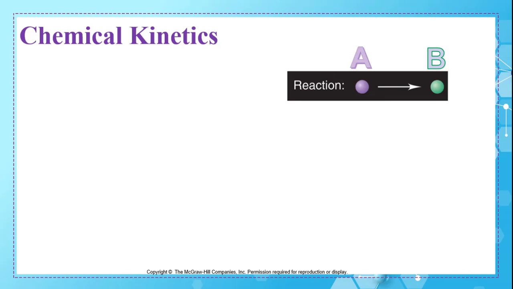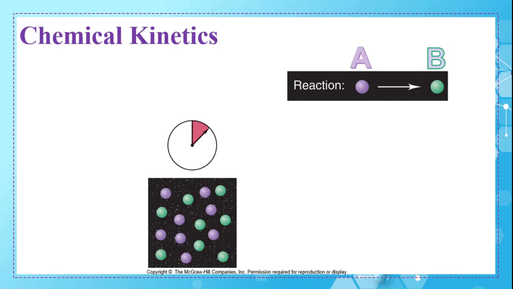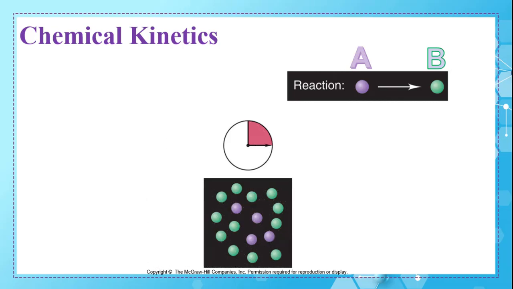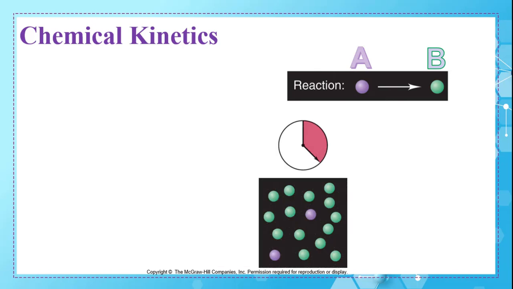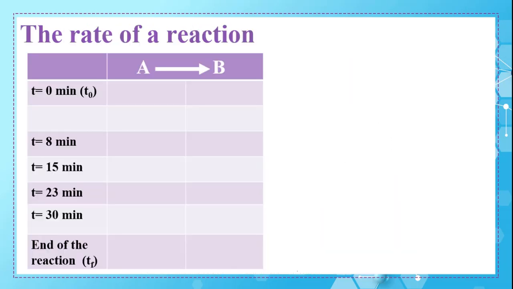In this simple chemical reaction, a reactant A produces product B under specific conditions. During this chemical reaction, the number of particles of A, in purple, decreases with time, while that of B, which is a product represented in green, increases. Now, let's fill a conversion table for this simple chemical reaction.